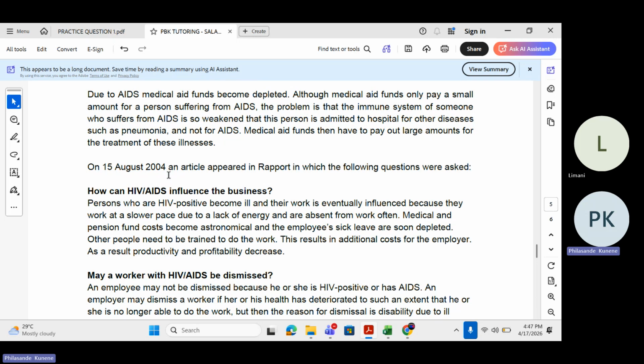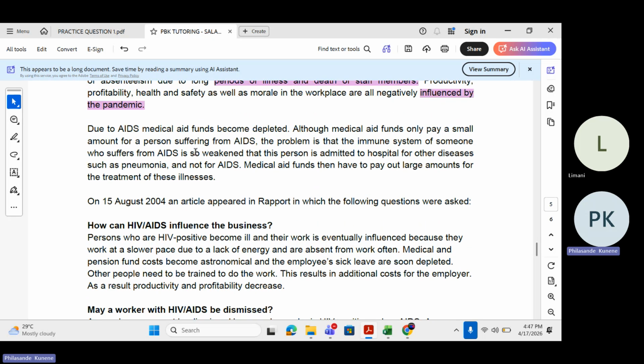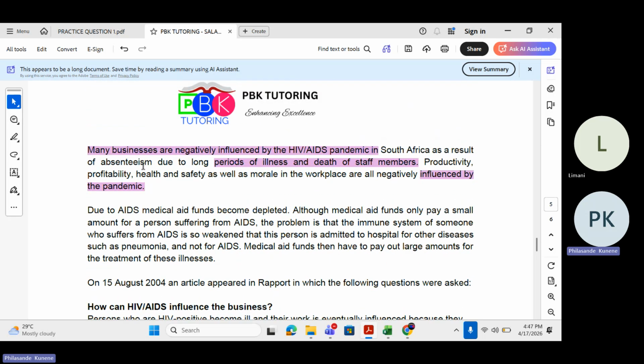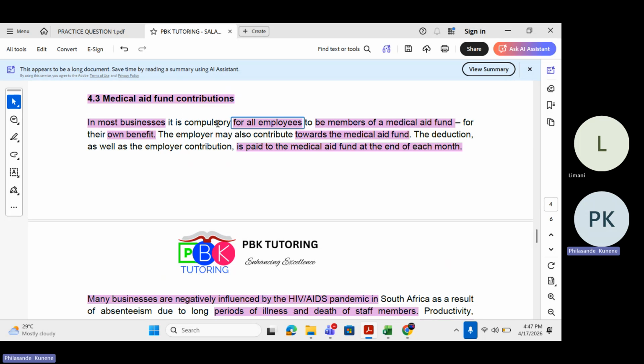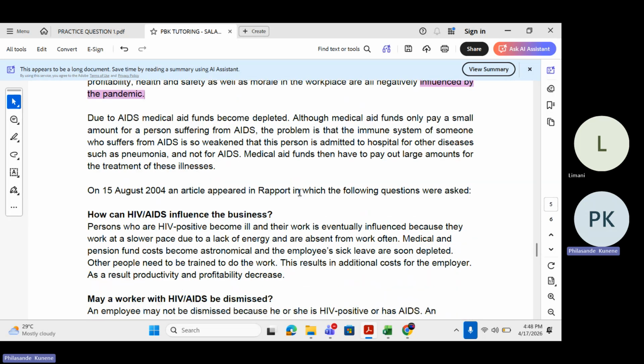If you don't have the means to go to a private hospital, it becomes difficult, and that sickness can take a whole week or 2 weeks, even a month. Then who's going to work for you? How are you going to get a salary? There's no way you can. So that is the reason why many businesses make it compulsory for all employees to join medical aid.